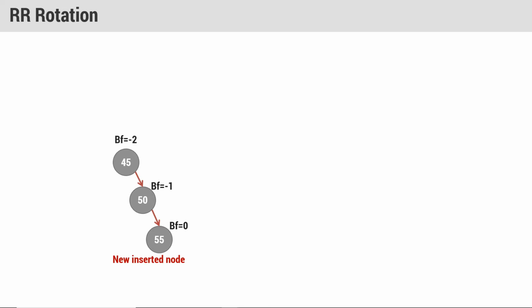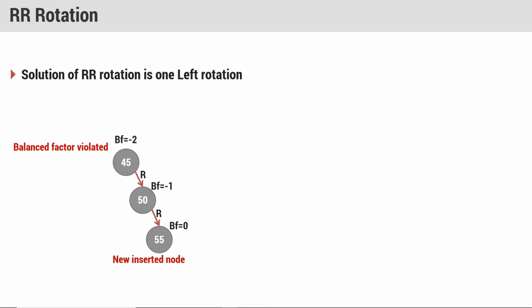So the balance factor is violated over here. Now we have to check in which direction the newly inserted node is. The newly inserted node is on the right side of 45 and the right side of 50. So here an RR rotation problem has occurred.